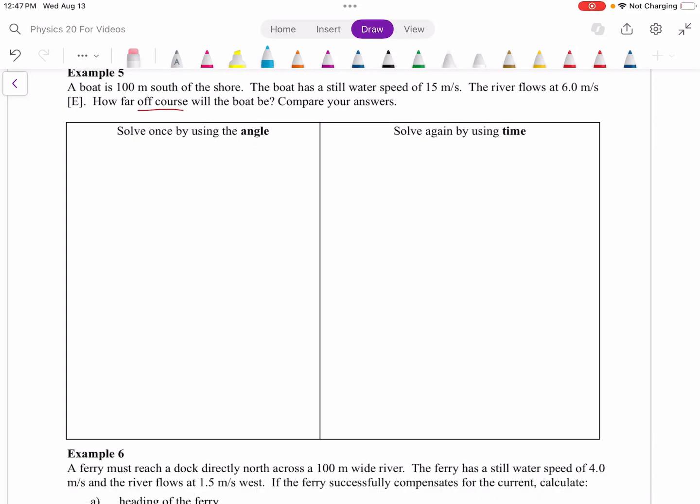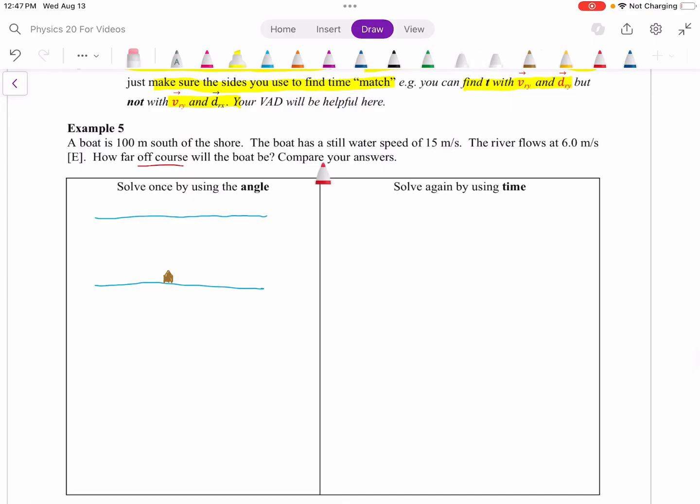Let's draw our diagram. So the boat is 100 meters south of the shore, so that means we have a displacement there, right? And it is a y-axis displacement. That is how far the boat needs to go vertically to get to shore, okay? Now, the boat has a still water speed of 15 meters per second, and from context, we can tell that the boat tried to aim that entirely in the y-axis, right?